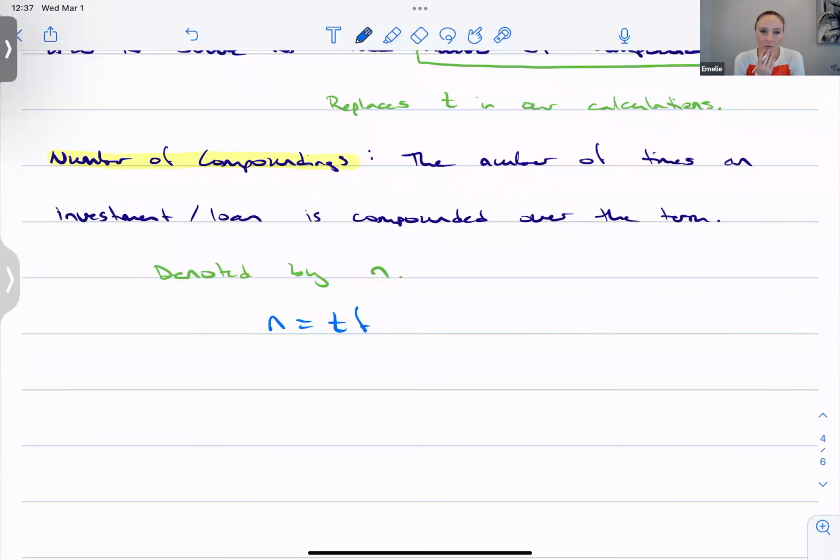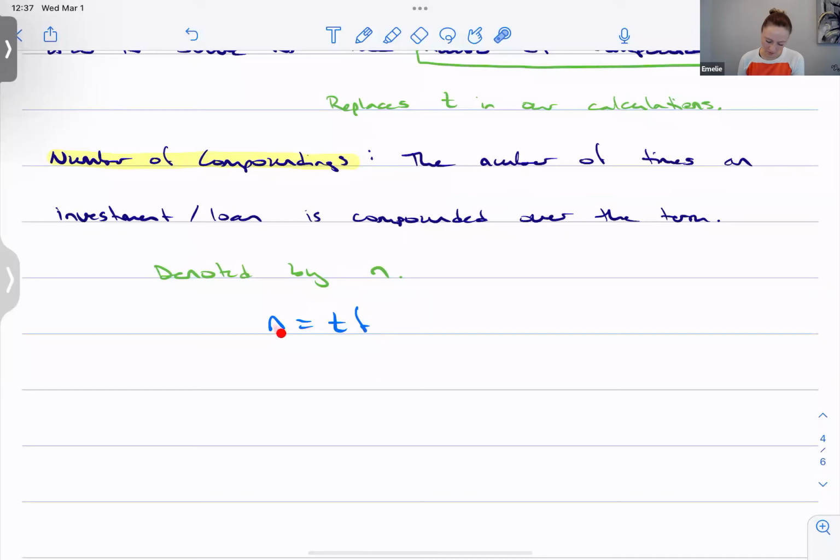If you think about it, right? If I invest something for 2 years and I'm compounding semi-annually, how many compoundings do I get in that term? So 2 years, twice per year makes 4, right? 2 times 2 is 4. So then I have 4 compoundings.